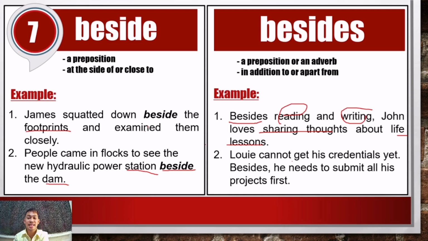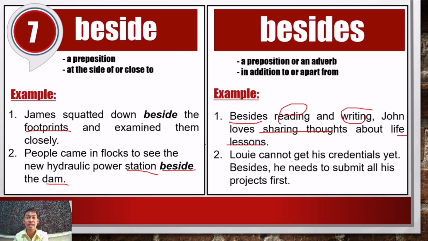So as what we can see here, the word besides connects Louis cannot get his credentials yet and he needs to submit all his projects first. Now, once the word besides functions as a conjunctive adverb to connect clauses, it is synonymous to moreover.